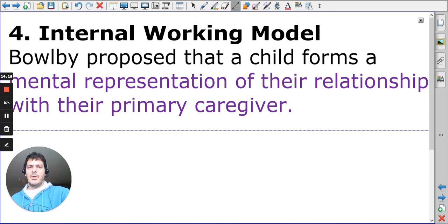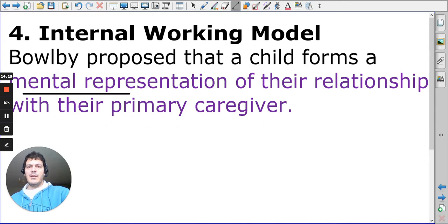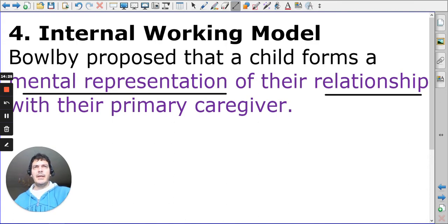Okay, and so Bowlby said that the child forms a mental representation of relationships with their primary caregiver. So another way that we can view this is that it's a schema, it's a mental representation. It's like a model for future relationships based on the primary caregiver. Okay, so that's really important here. So it's internal working model.